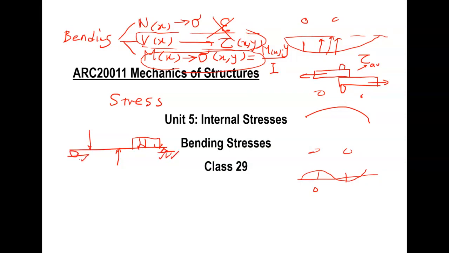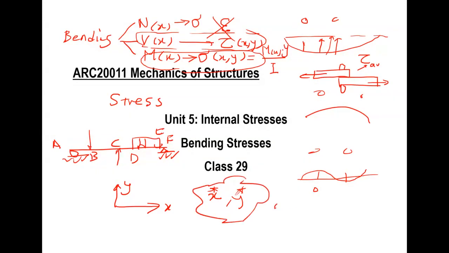And for this general system, A, B, C, D, E, F, you want to know what is the largest stress over this entire beam. So the domain is going to be two-dimensional in X and Y. So the question in a nutshell is, I want to specify X star and Y star. This is the location at which the stress due to the bending is going to be maximum.